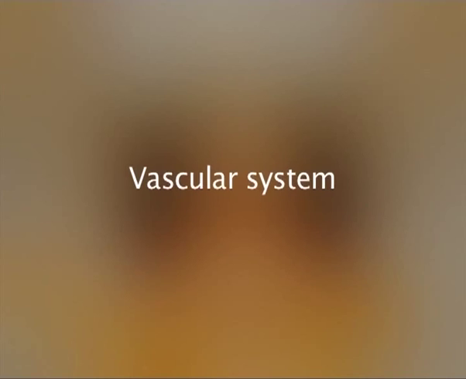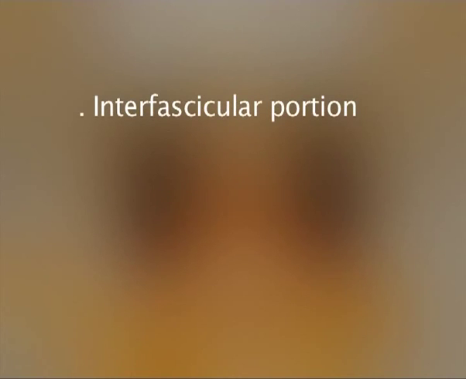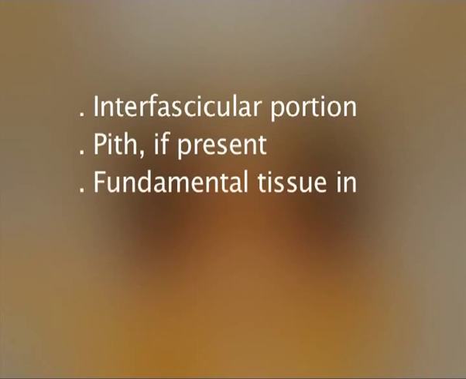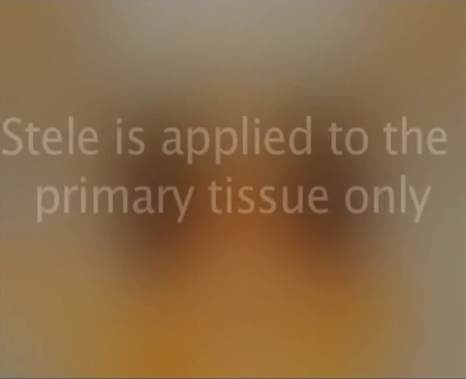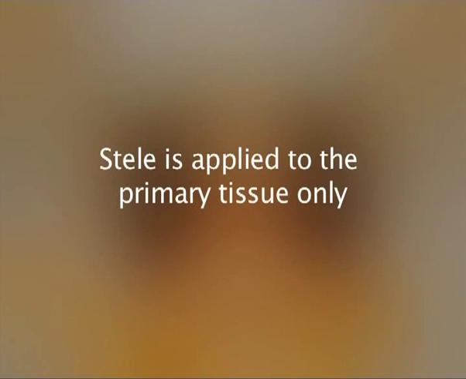According to them, stele is the core of the axis, which includes the vascular system, interfascicular portion, pith if present, and some surrounding portion of the fundamental tissue in the vicinity of vascular bundles. The term stele is applied to the primary tissue only.